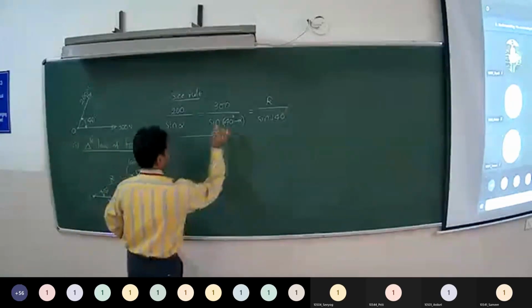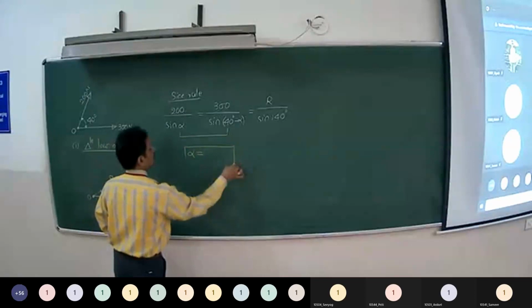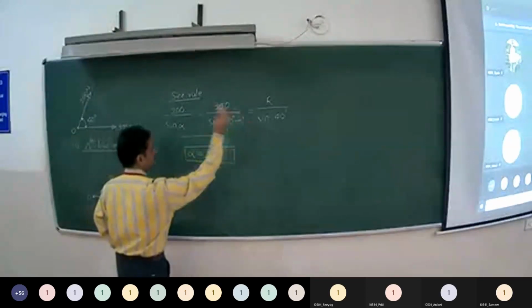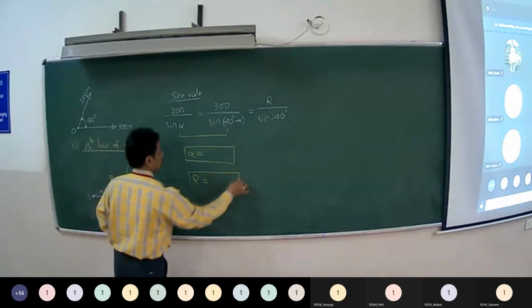So solving these two terms, you can get angle alpha, and by making use of the third term, you can get R.